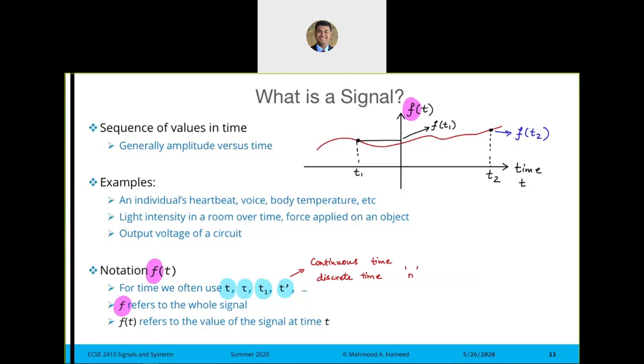Now, one challenge that obviously we will have is, can f of t be represented mathematically in closed form? Can I use some equations to represent f of t? Well, the answer to that is going to be, well, yeah, maybe for some limited duration of time, you can express real signals mathematically, but in general, you might not be able to do that. At least the actual signal you may not be able to express mathematically.